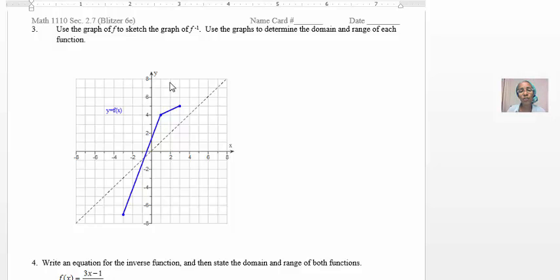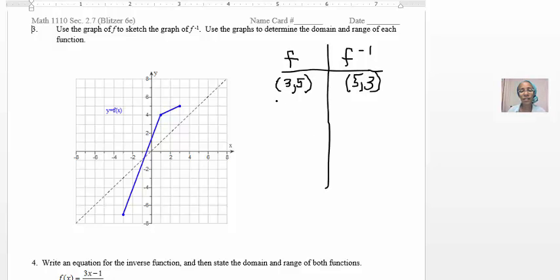Now, one of the things I want to do is look at these points that are detailed. And notice that we have the point (3, 5). So we could make a table. Essentially, we know that whatever point is on f, all I have to do to get the corresponding point on f inverse is interchange the coordinates. So if (3, 5) is on f, (5, 3) is on f inverse.